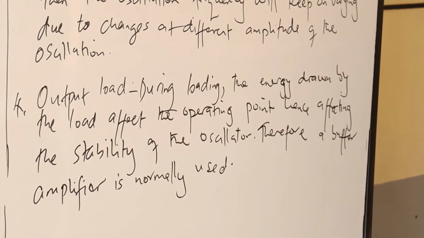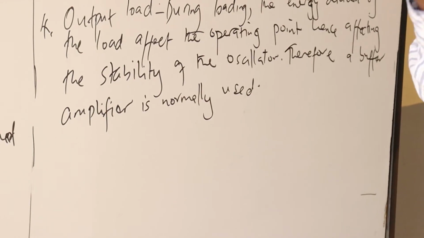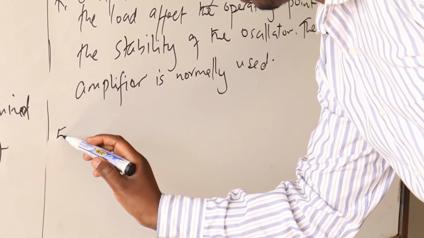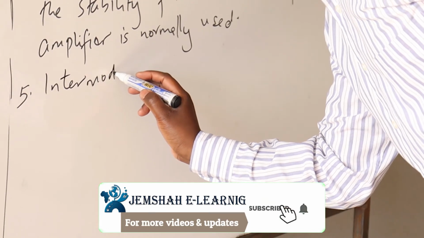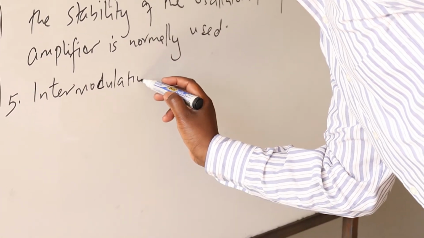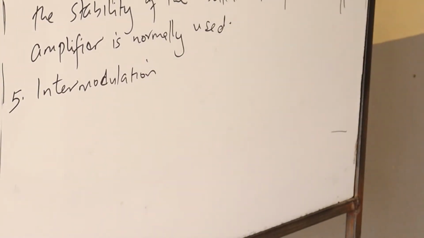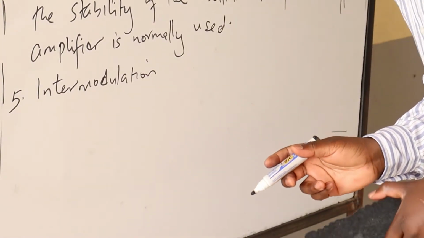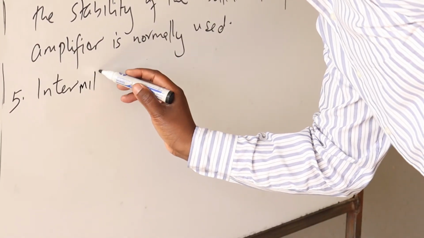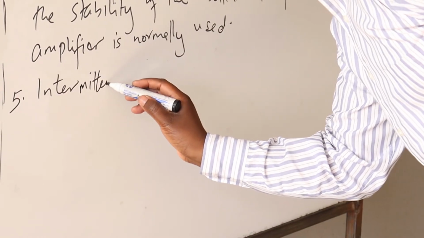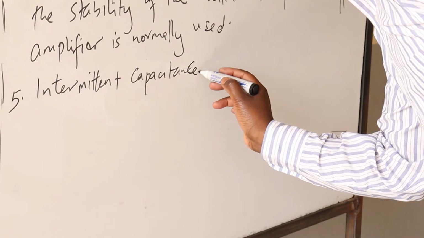And finally, number five is intermittent capacitances.